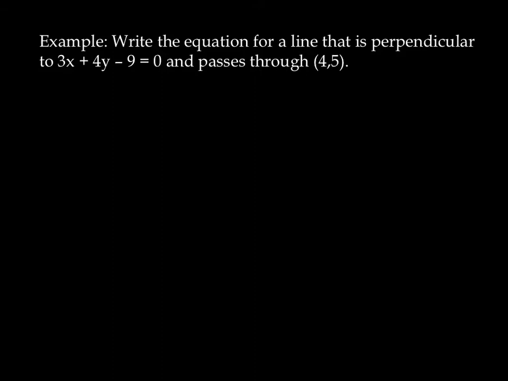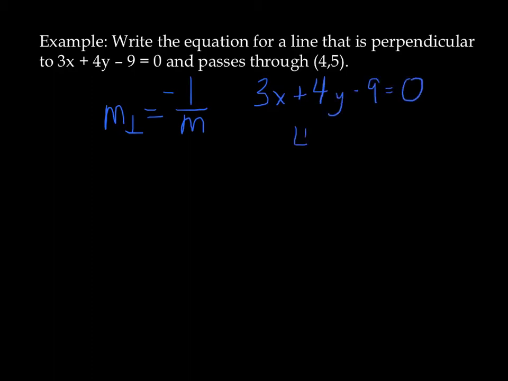All right, well, let's see. If it's perpendicular, what we know is that a perpendicular slope is equal to the negative reciprocal of that original slope. So, for 3x plus 4y minus 9 equals 0, we need to find the slope. We can rewrite this as 4y equals -3x plus 9.